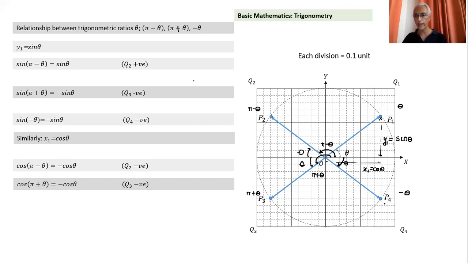So cos of the angle of P4, where the angle is minus theta, so cos of minus theta is equal to cos theta. So again, we look at which two are negative. This is Q2 and this is Q3. These two values are negative and Q4 is positive. And these two are very commonly used: sine of minus theta is equal to minus sine theta, fourth quadrant, and cos of minus theta is equal to cos theta.